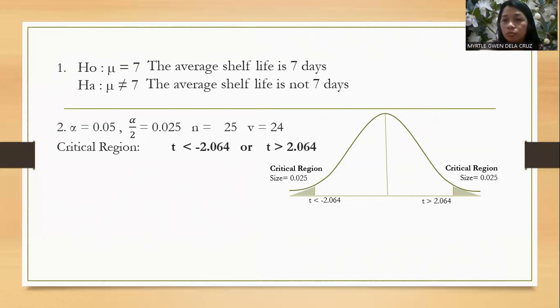So again, the sample mean is 6. The assumed population mean is 7. The standard deviation of the sample is 0.6. And the sample size is 25. So substituting our values in this formula, we have t is equal to negative 8.33.